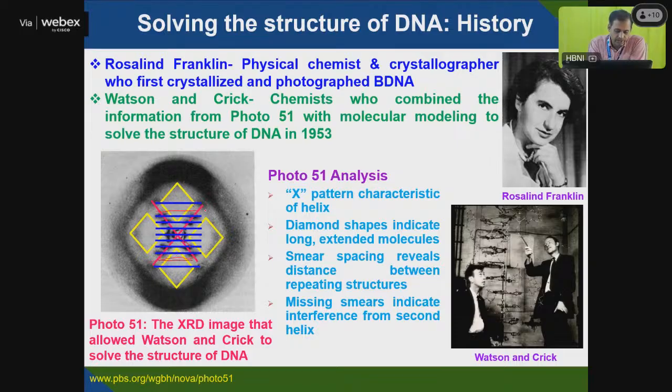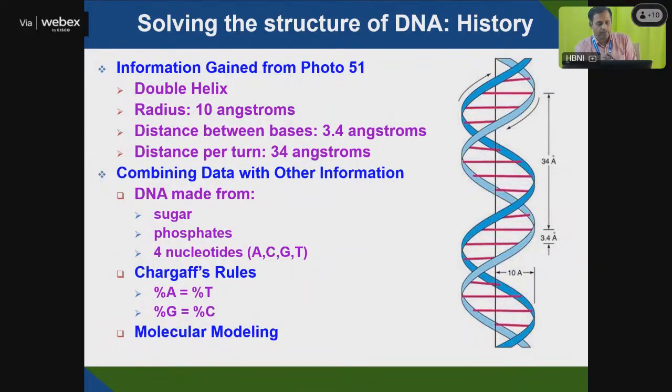This missing plane is mainly how they solved it. This plane reveals that there is an intercalating, double helix structure. The missing plane clearly indicates that the two helices overlap at a certain point. That's why you are getting the missing structure.